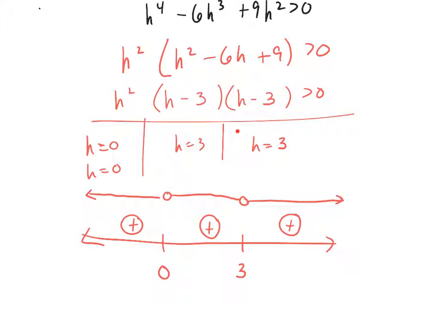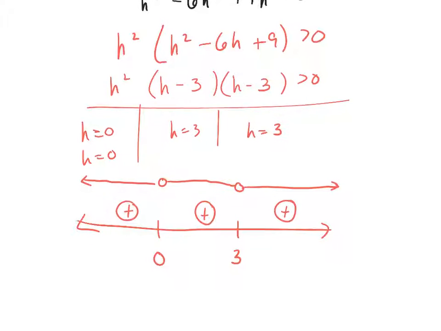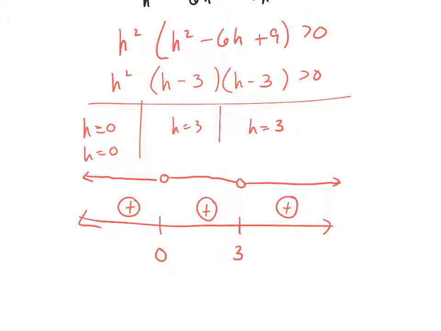It's a positive times a positive no matter what I plug in, which is why all the regions are positive. So we want to know when it's greater than 0, every region, except at the critical points. At the critical points, it's equal to 0. So my answer is from negative infinity up until infinity, but excluding 0 and 3.